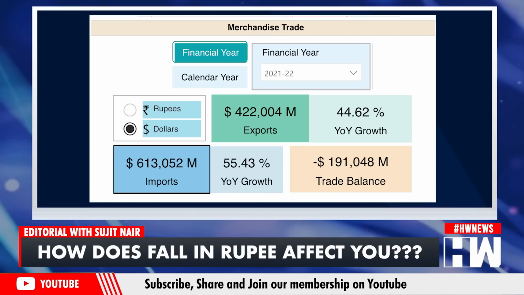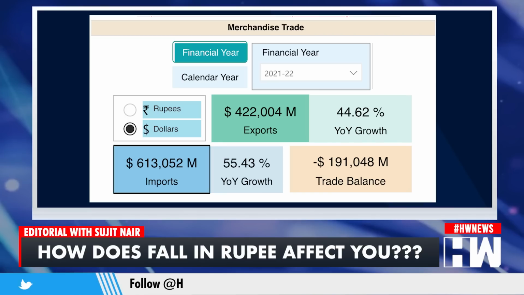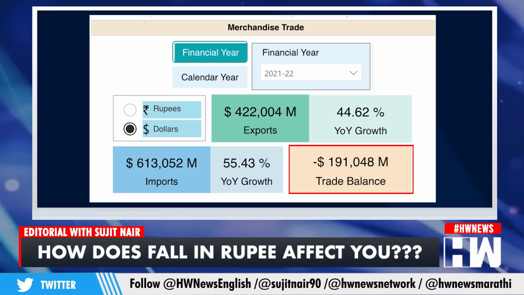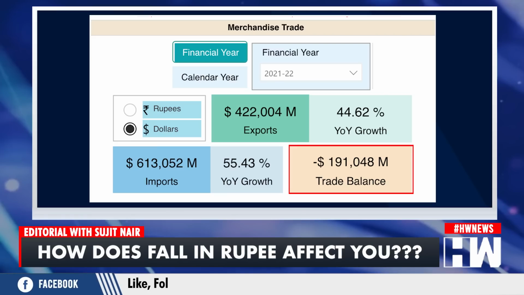But on the contrary, we imported 6,13,052 million dollars. We had a growth of import by 55.4%. So our trade balance was 1,91,048 million dollars. We imported 1,91,048 million dollars more than we exported.